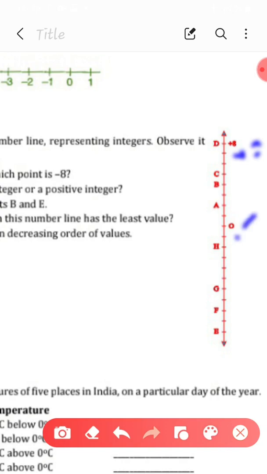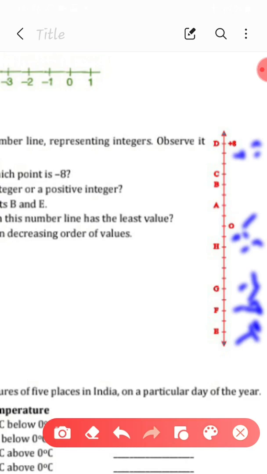Then again, H will be minus 1, then minus 2, minus 3, minus 4, minus 5, G will be minus 6, minus 7, minus 8, F will be minus 8, then minus 9, minus 10.